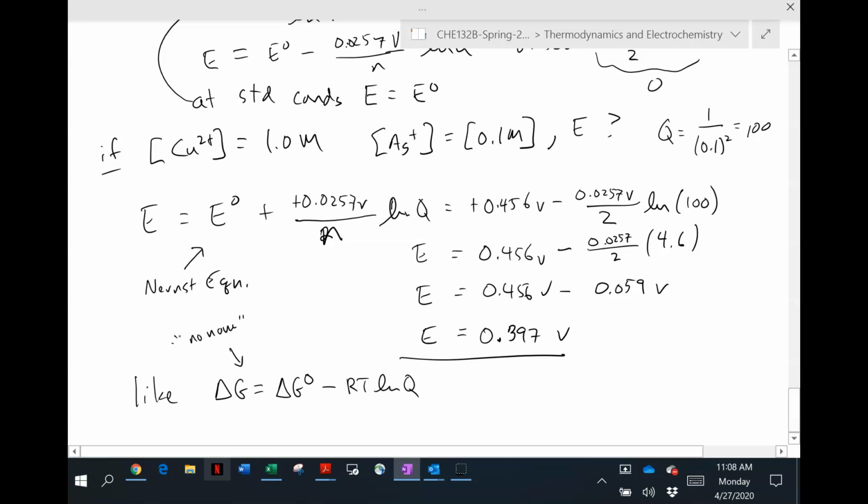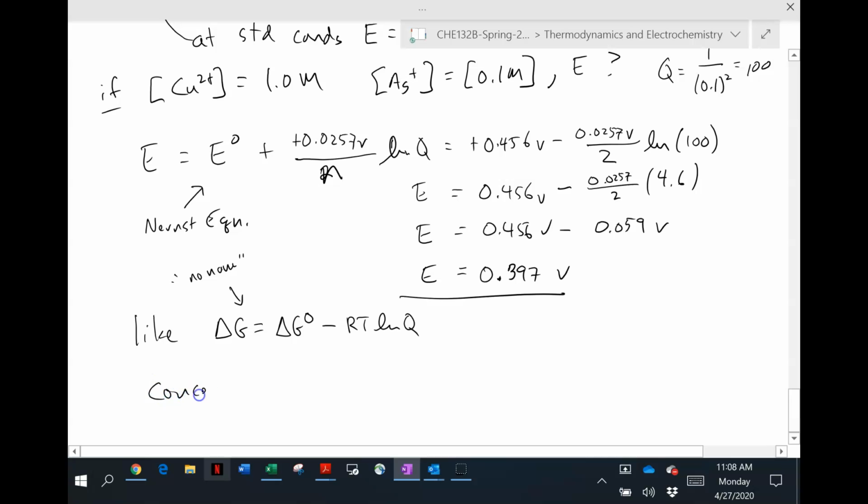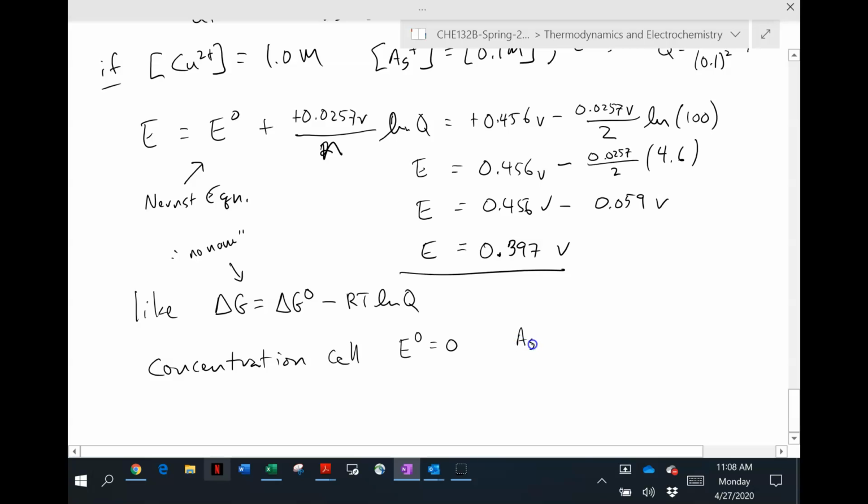Anyway, one thing you might deal with is what's called a concentration cell. I've seen those on test questions. All that means is that E naught is 0, like the situation with the electroplating, where you've got silver plus silver ion going to silver plus silver ion, where we're plating the silver ion. E naught's 0.